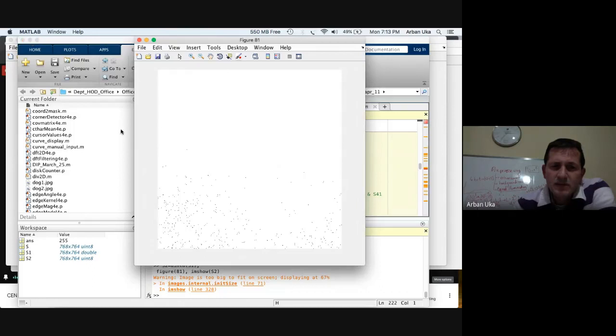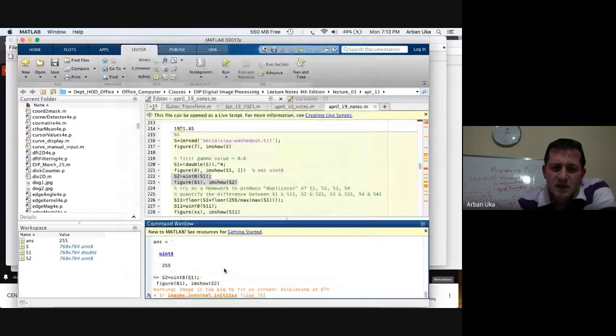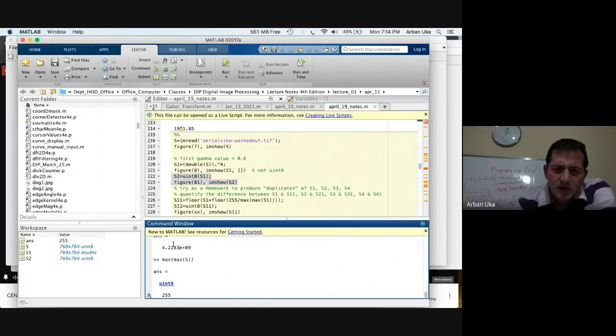The values, which are 4.22 times 10 to the power 9, once we convert this into unsigned integer 8, will be squeezed into 255. This will be the maximum value, okay? So with this example, we may understand the principle of saturation, which means that any value above the maximum possible value will be written as 255.